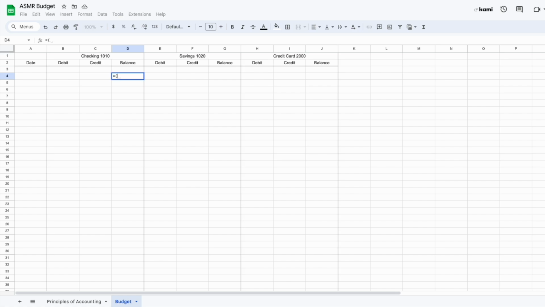Formula will be what we started with plus any debits and minus any credits. We can copy this formula and paste it over here. Oops, I'm used to Excel. That just pasted a 0. Amazing. Let's try again.